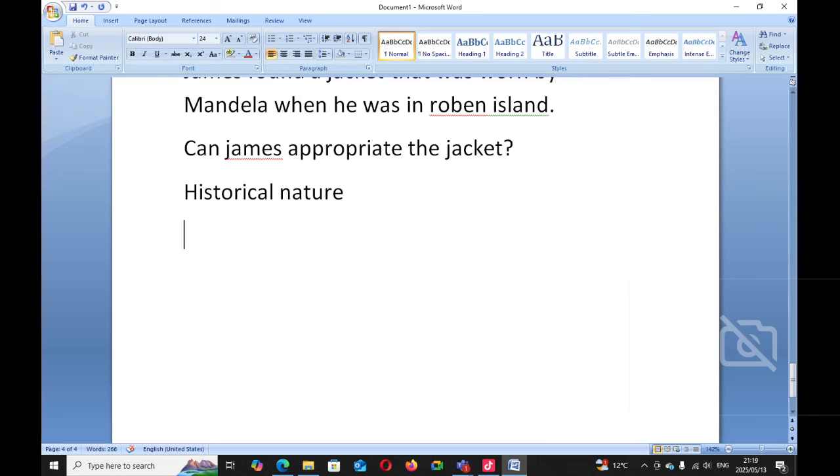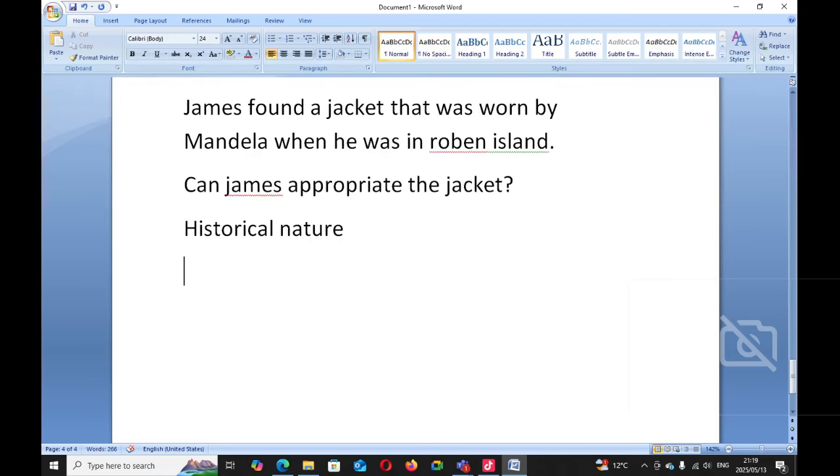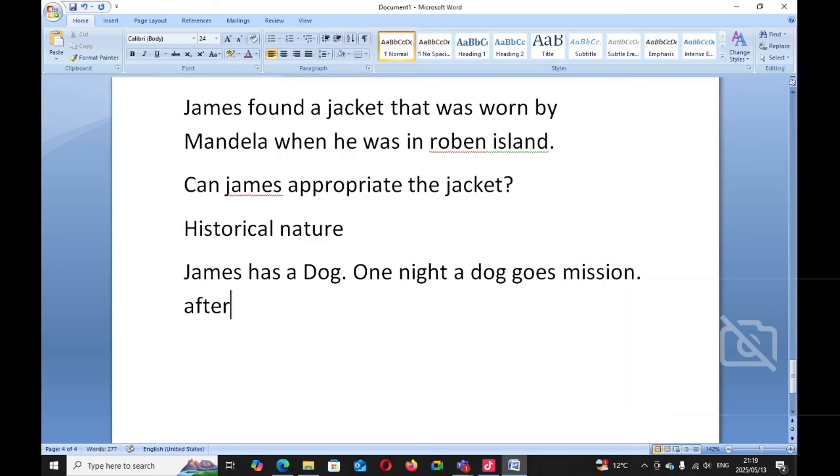Okay. Now we are still in appropriation. Let's just say James has a dog. One night, the dog goes missing. After 7 days, James found the dog with Jabu.